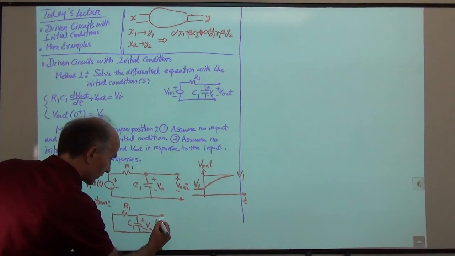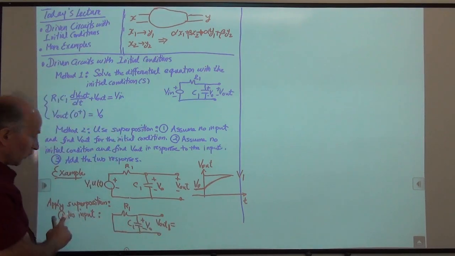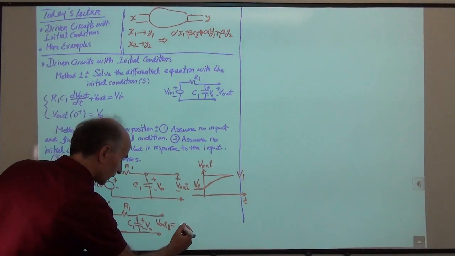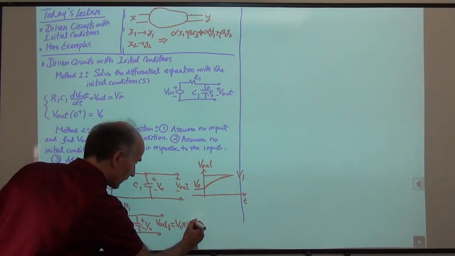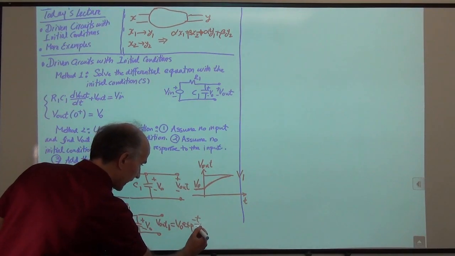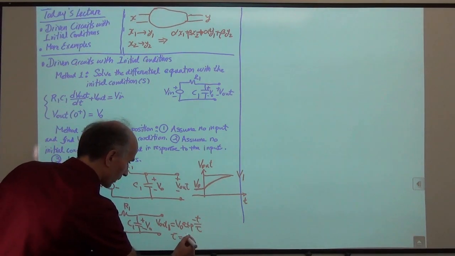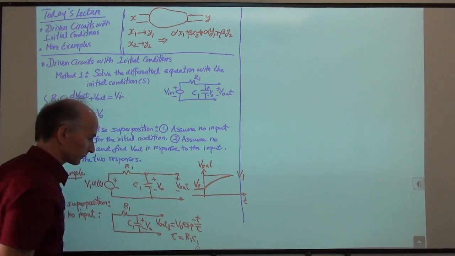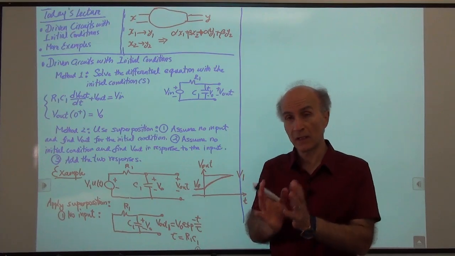So we say V out 1. I call it V out 1 because this is for step 1. V out 1 is equal to the initial condition times exp of minus t over tau. And tau is given by R1 times C1. That is the response due to only the initial condition.